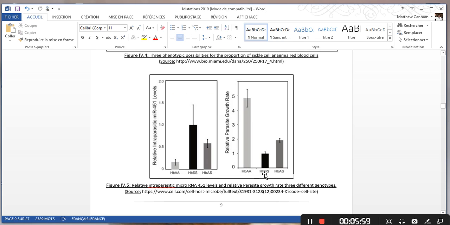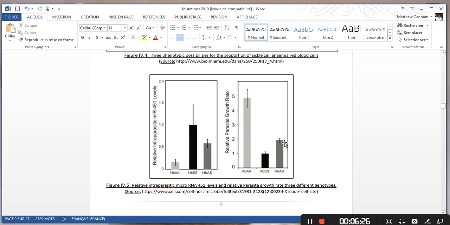What's interesting is to compare it to the relative parasite growth rate. So people with HBAA, the growth rate of the Plasmodium, the parasite responsible for malaria, is very high, 5. Those with HBSS only 1, and those with HBA and HBS 2.